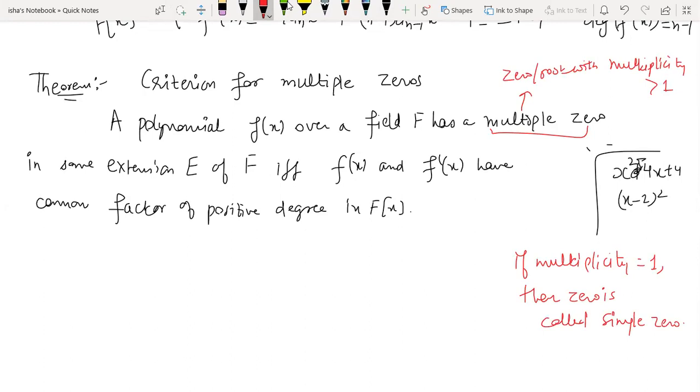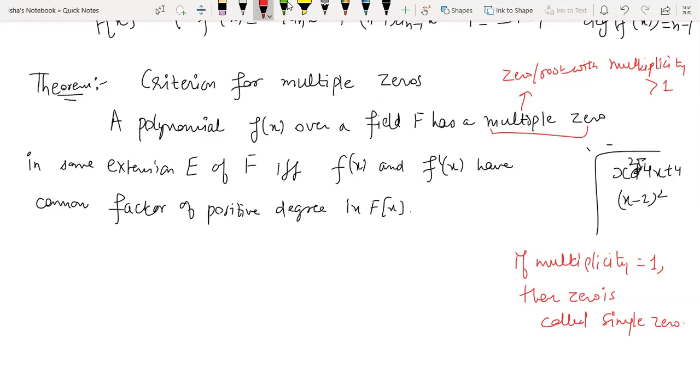So if there is a root which appears only one time in a polynomial, that is called a simple root. Otherwise it is a multiple root. So after that multiplicity can be anything, greater than 1, 2, 3, whatever, depending upon the degree and the root. But the definitions of multiple zero and simple zero should be clear to you first.